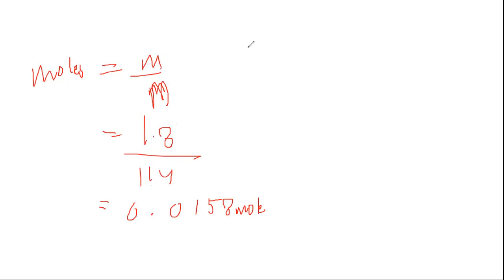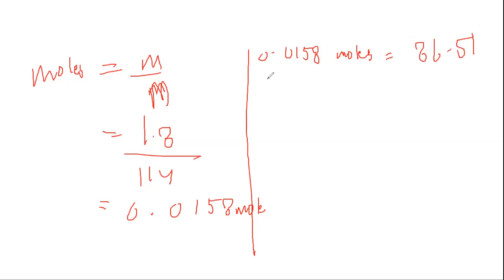We have to calculate for per mole. So how can we calculate it? 0.0158 moles of octane gives heat of 86.51. If there is 1 mole of octane, then how much heat will be evolved? So 86.51 multiplied by 1 and divided by 0.0158.